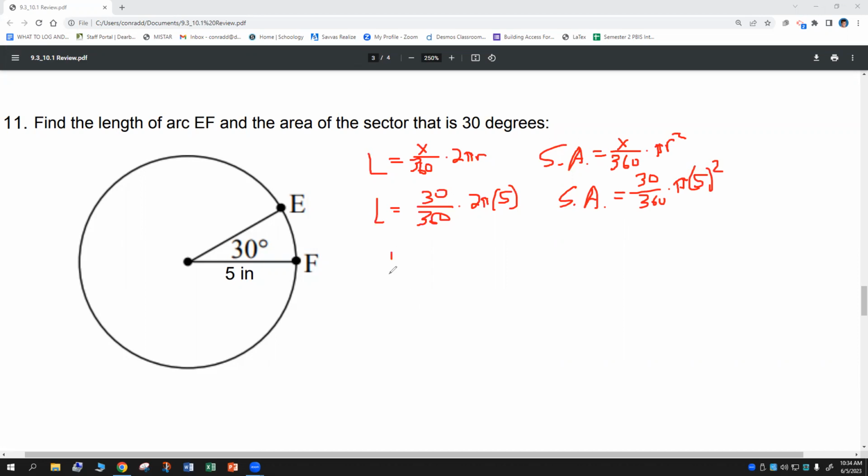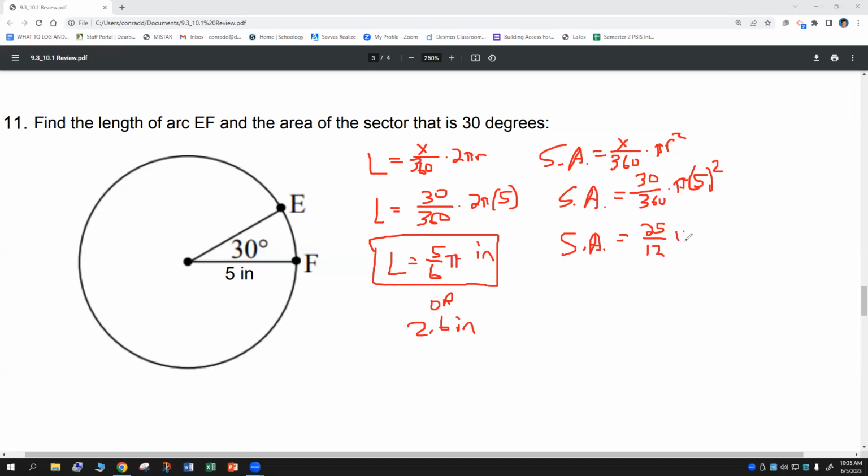All right, then you can plug those all in the calculator. I got 5 over 6 pi inches. If you put the pi in there, I think you're supposed to get 2.6 inches. Okay, and then for sector area, I got 25 over 12 pi units.